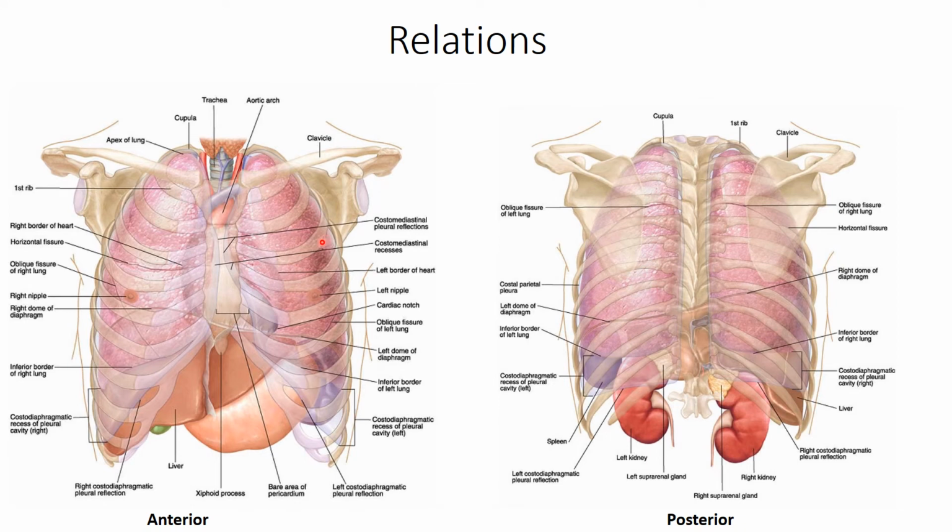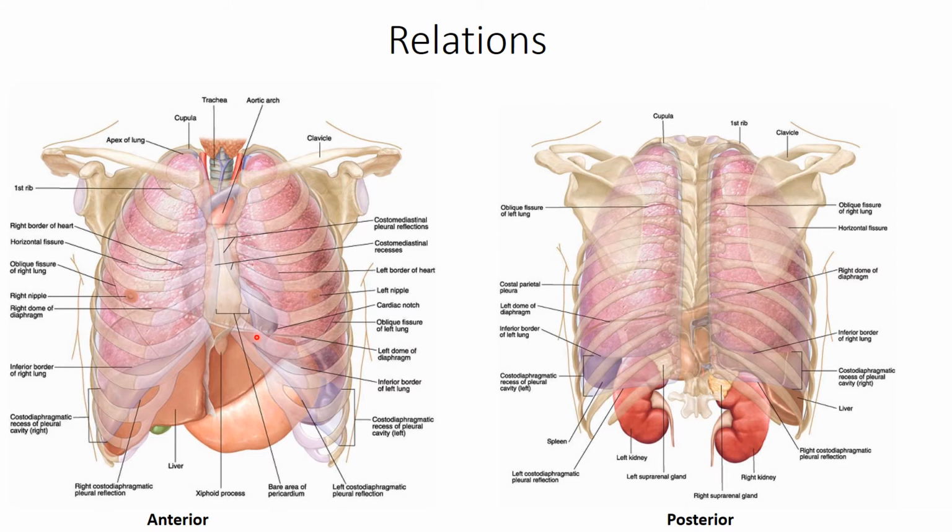Again here the relations of the diaphragm can be seen, especially the inferior relation. The right side is related to the right lobe of the liver, and posteriorly the right kidney and right suprarenal gland.